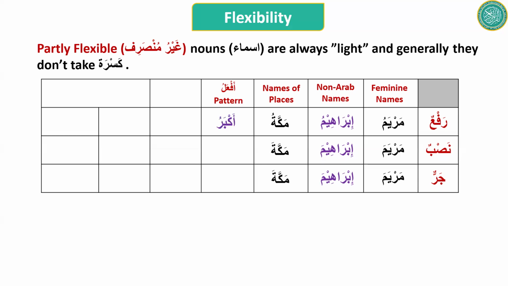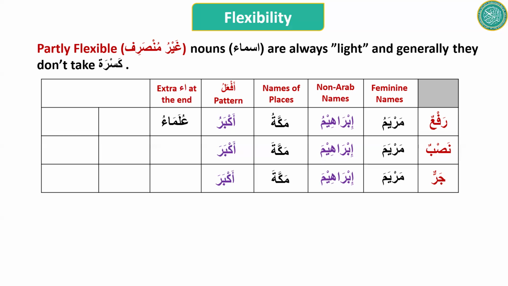The Af'alu pattern. Every word which follows this pattern: Akbaru, Ajmalu, Asgharu, Ashrafu, Abkamu. All words that follow this pattern will always be light and they will not take kasra.